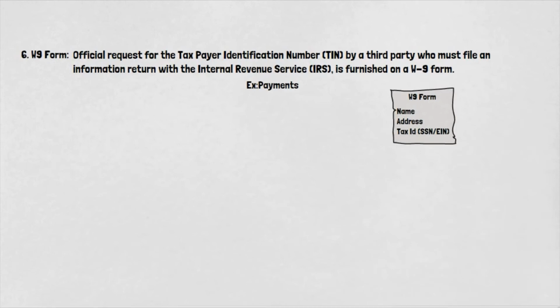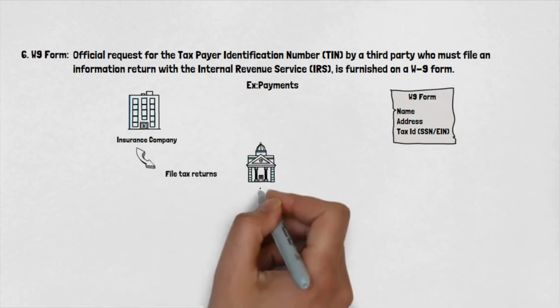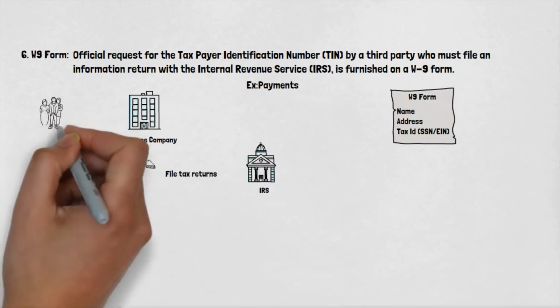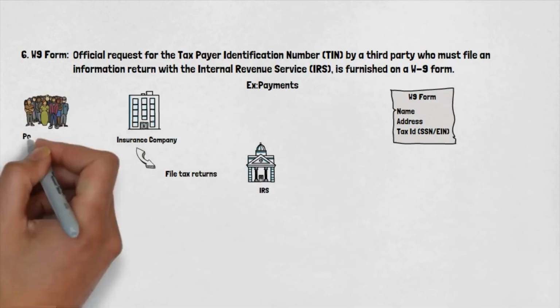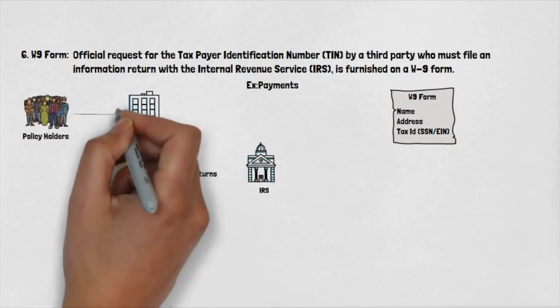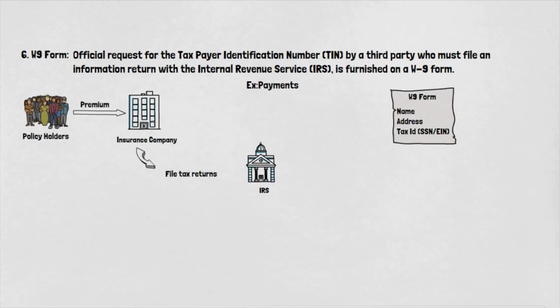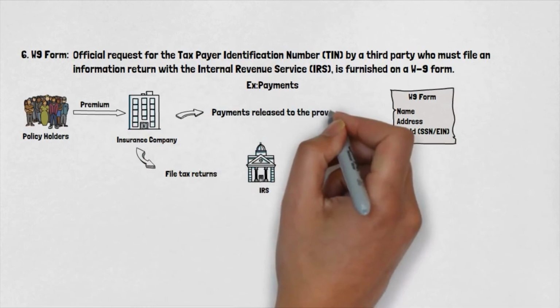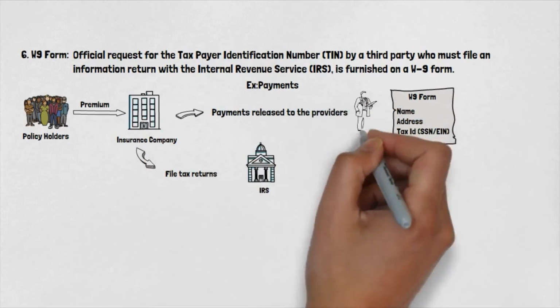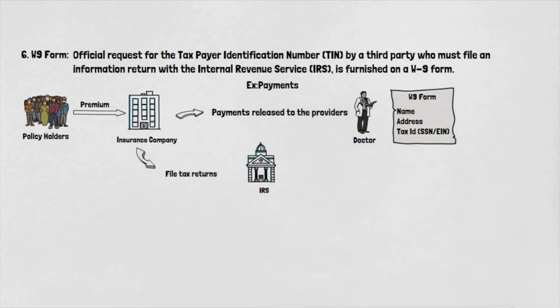The W-9 form requests the name, address, and tax ID in the form of social security number if it is an individual practice, and in the form of EIN, employer identification number, if it is a group practice. The insurance company needs to file tax returns with the IRS towards the revenue generated through policyholder premium payments and also towards the payments released to the providers.